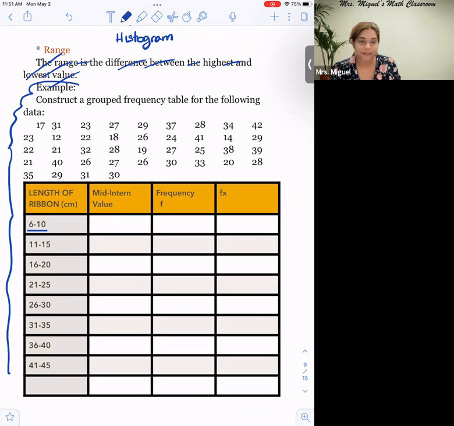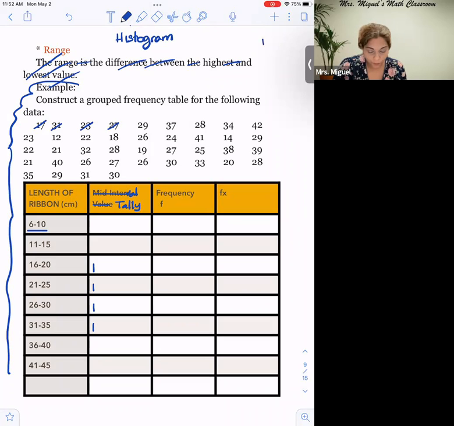So I should have had a tally interval. This is mid interval. So let us change the mid interval to tally. So 17, you're crossing that, you're putting 1 here. 31, you're crossing that, you're putting 1 here. 23, you're crossing that, putting 1 here. 27, you're crossing that, you put in 1 until all the numbers are crossed out.